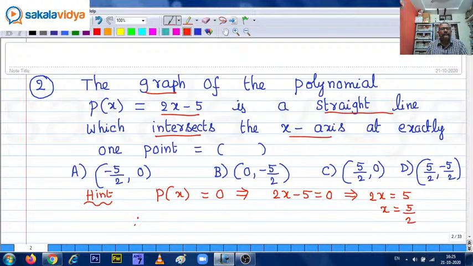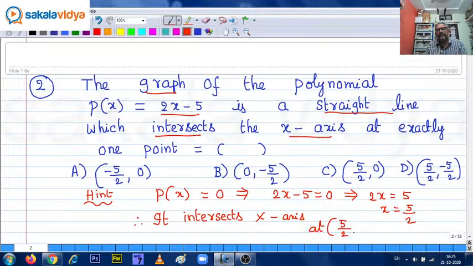Therefore it intersects the x-axis at 5 by 2 comma 0. This 5 by 2 is the zero of the polynomial. So option C is the right option. Nagajyoti, absolutely correct. Lokesh Nayak, C is correct.